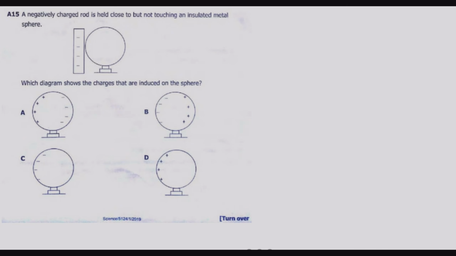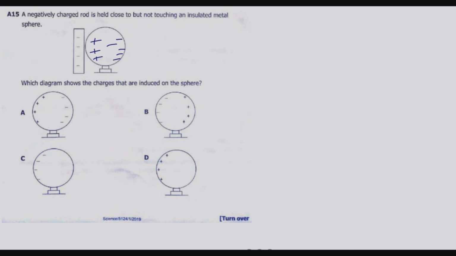Once this negative charge comes close, it is going to attract the positive charge close to the negative, then all the negative will be repelled to the other side. Remember the first law of electrostatics states that like charges repel each other, while unlike charges attract each other.